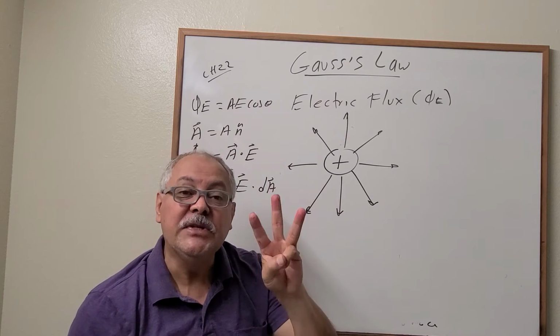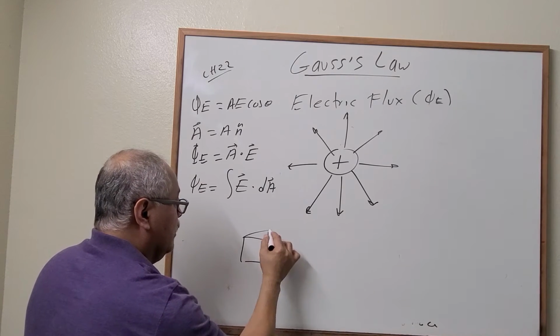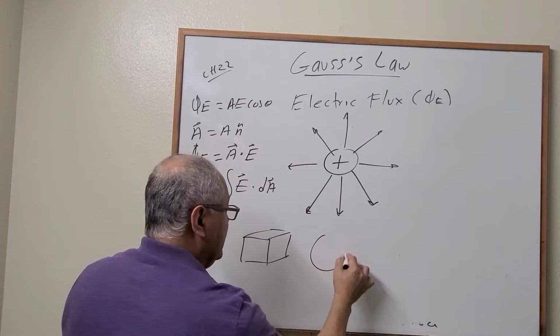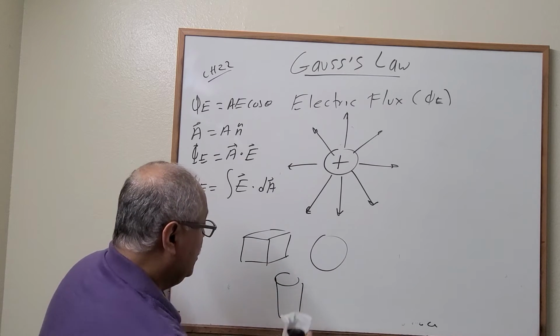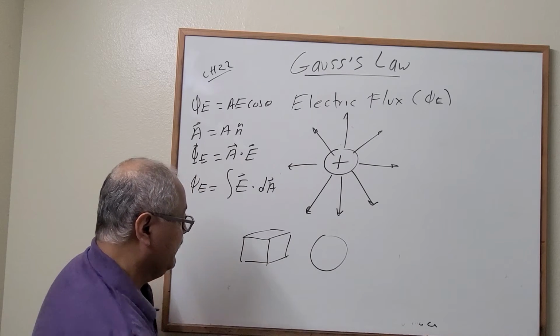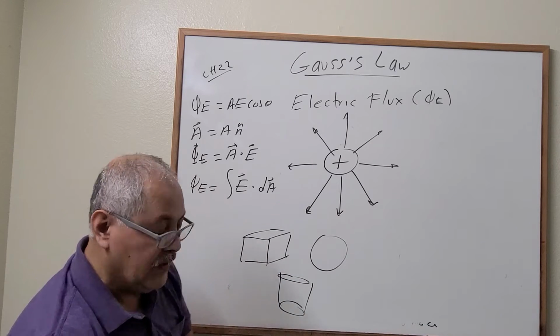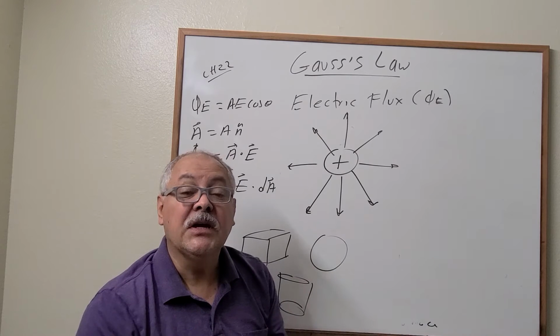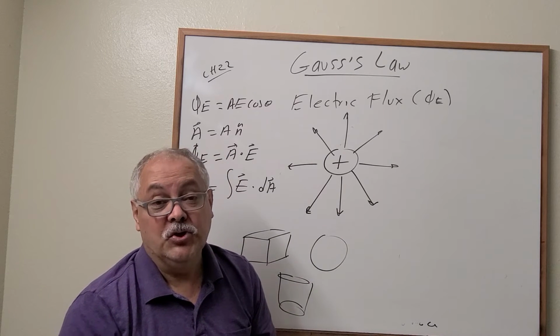We have especially three types of Gaussian surfaces: the cube, the sphere, and the cylinder. These are the main Gaussian surfaces that we use in calculating the electric field when we have a charge distribution.